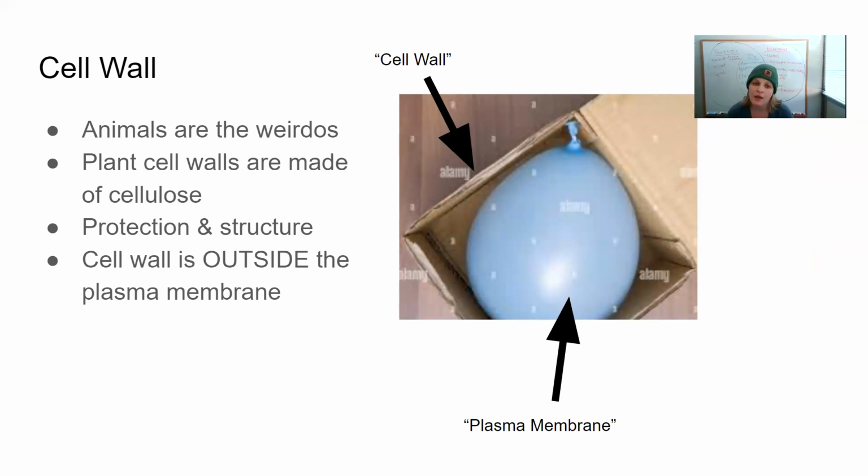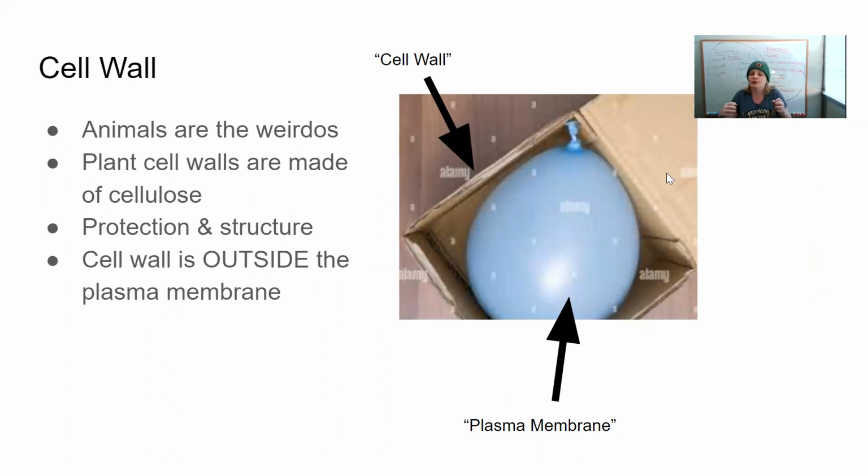inside the cell. So what I like to do is, you can find anything on the internet, you guys. You can even find a photo of a balloon inside a cardboard box. So I like to think of the cell wall as a cardboard box.